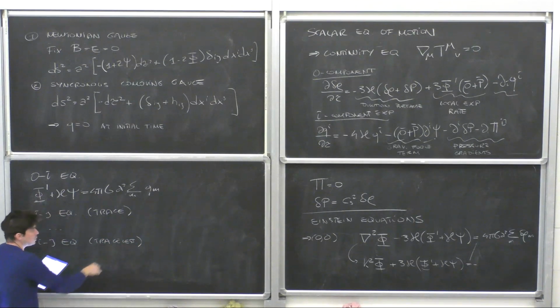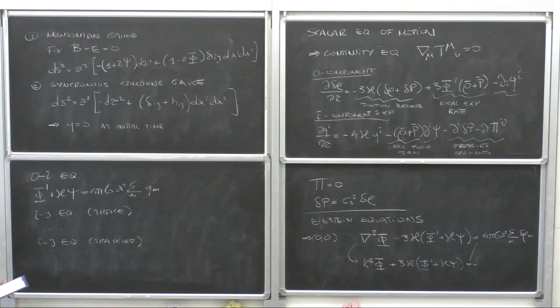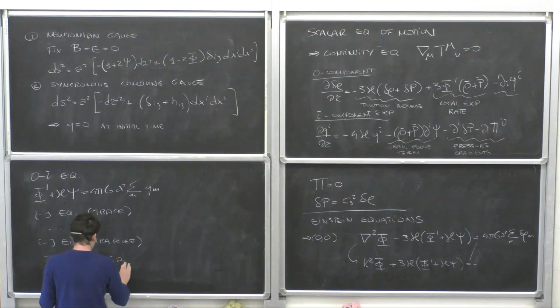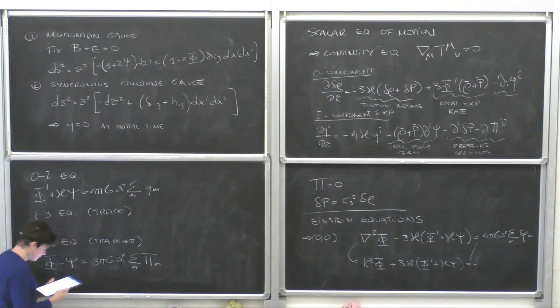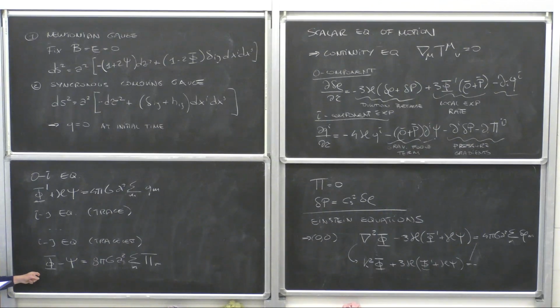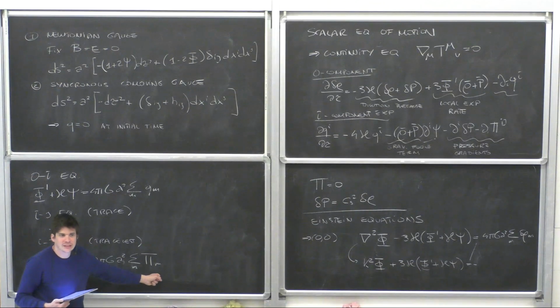Now the interesting equation is the traceless one, so the off-diagonal one, which tells you that phi minus psi is equal to 8 pi G a squared sum over m of rho_m pi_m. Now, why is this interesting? Because this is telling you that the difference between the two gravitational potentials is sourced by anisotropic stresses.